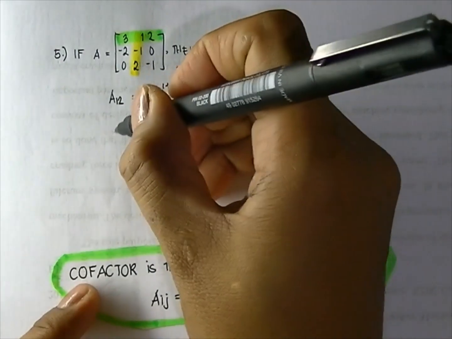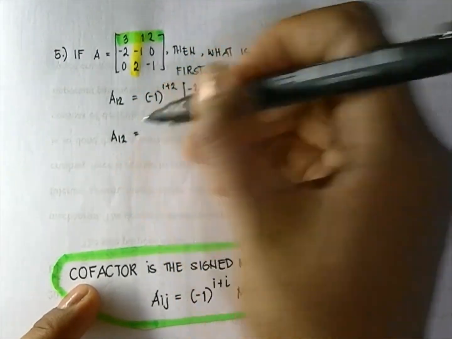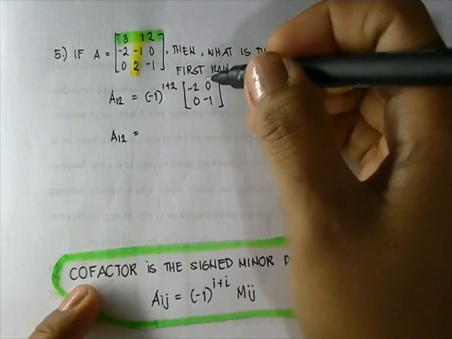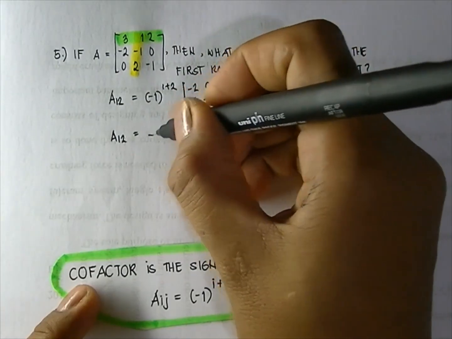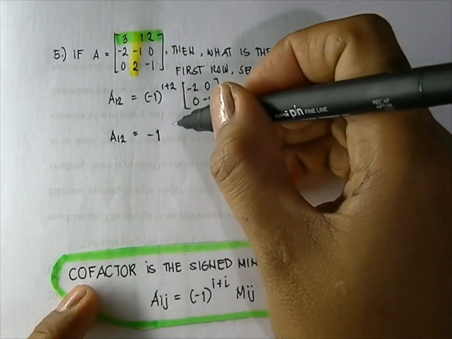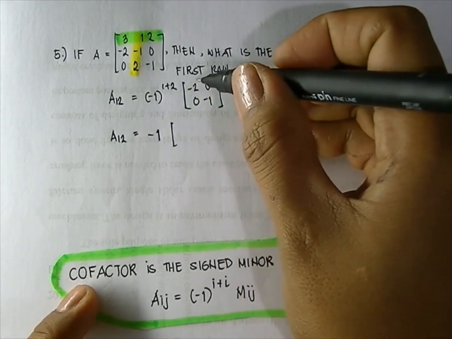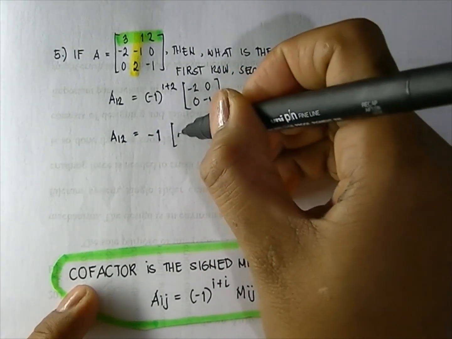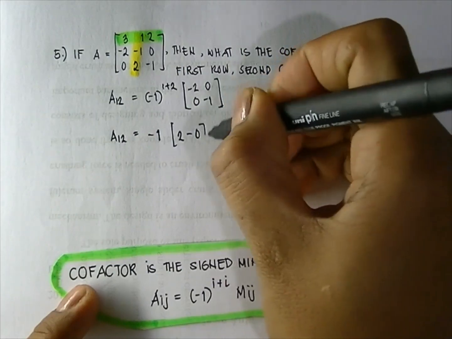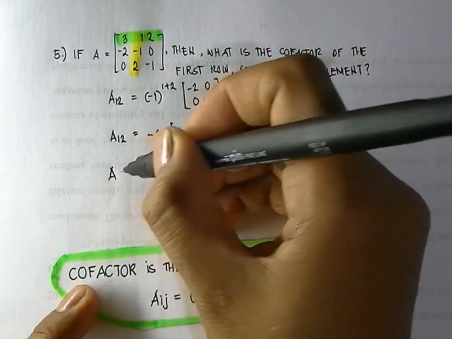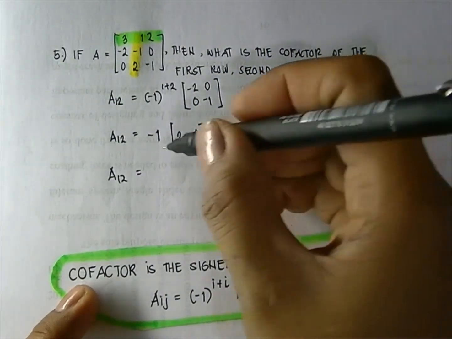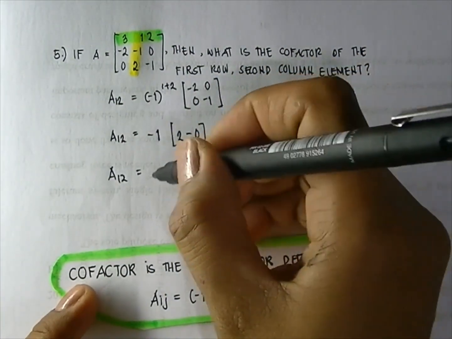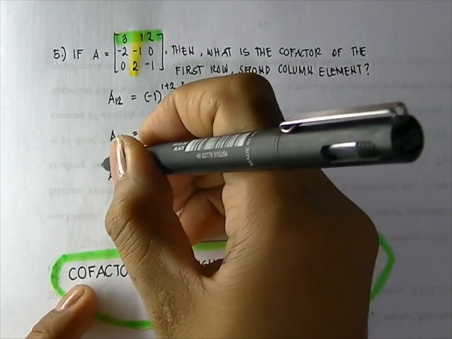Therefore, the cofactor of first row, second column is negative 1 raised to 3, which is negative 1, times negative 2 times negative 1, positive 2, minus 0. Therefore, A12, the cofactor of 1, 2, is negative 1 times 2, which is negative 2.